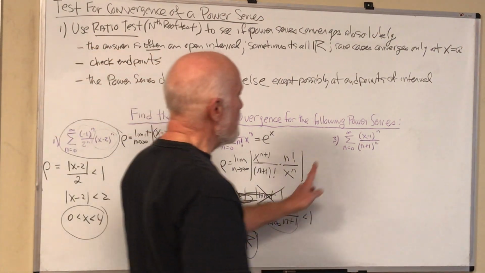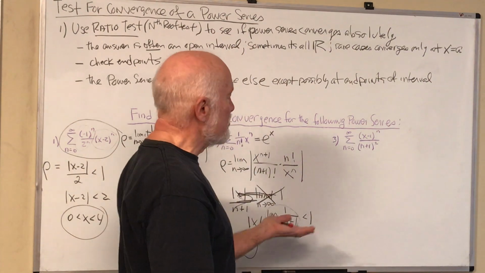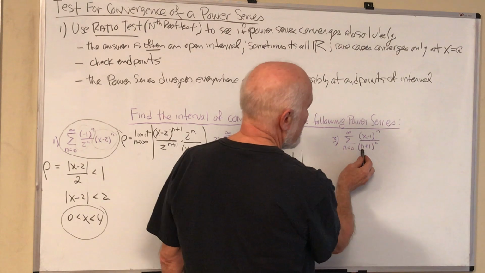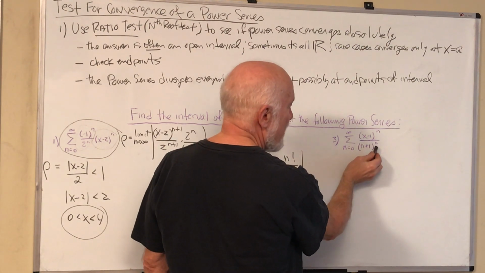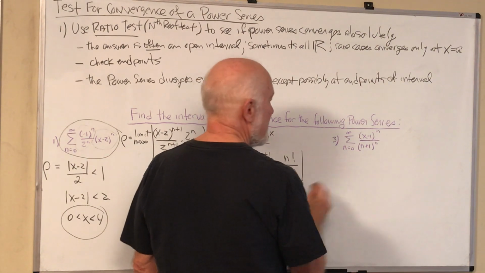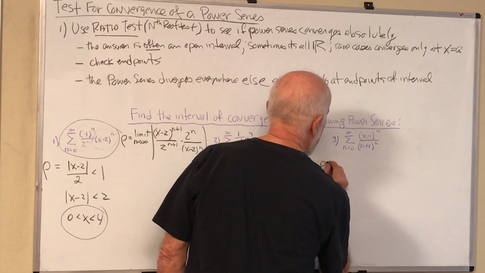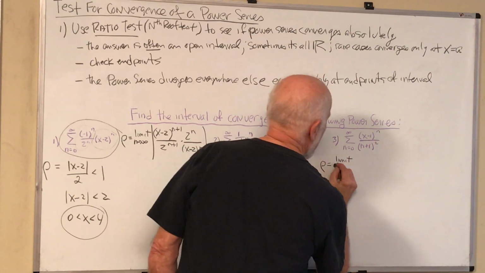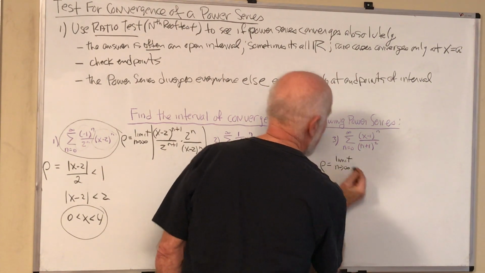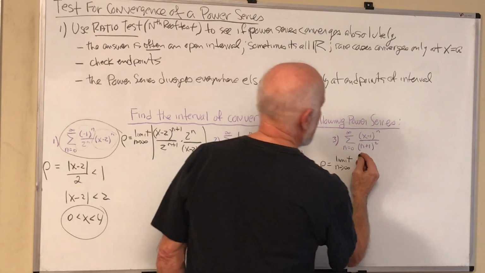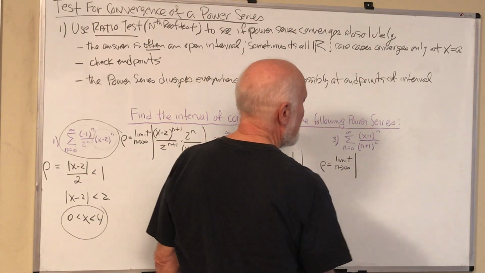Okay, let's try one more power series that we haven't done yet today. So we have 1 over n plus 1 squared is our c sub n, and 1 is our a. So rho equals the limit as n approaches infinity, and we have the absolute value.